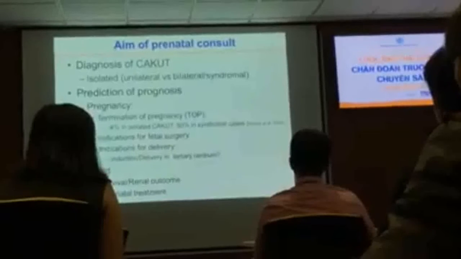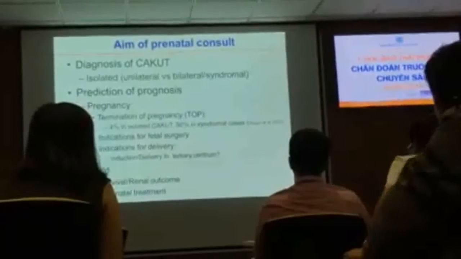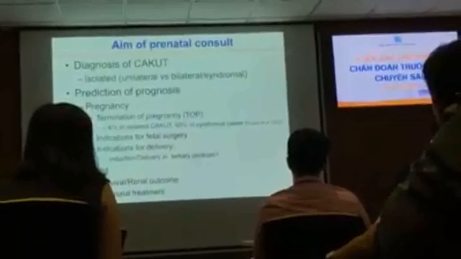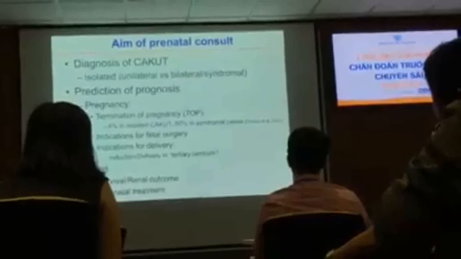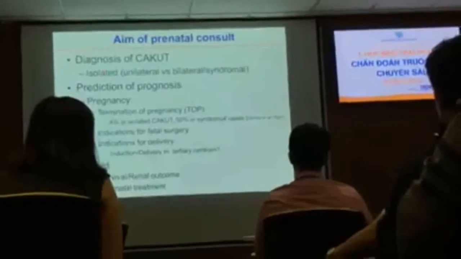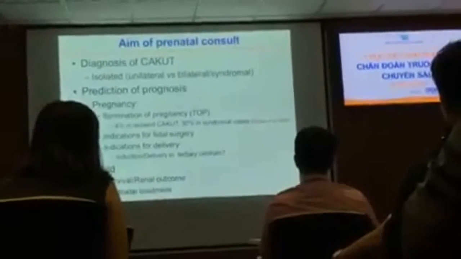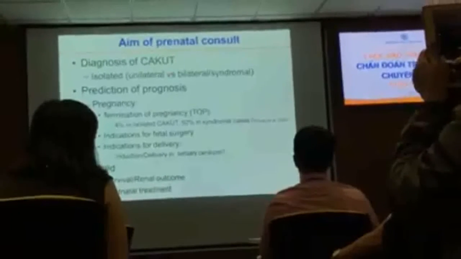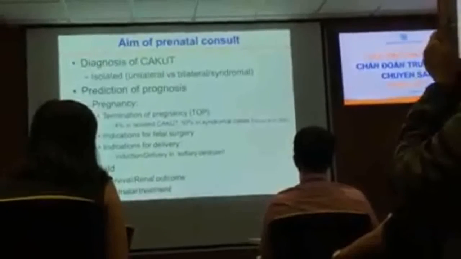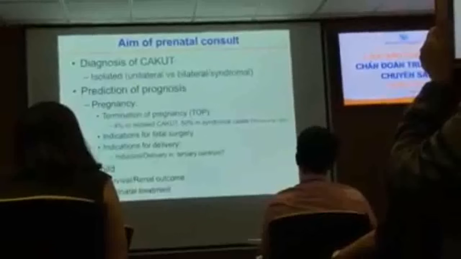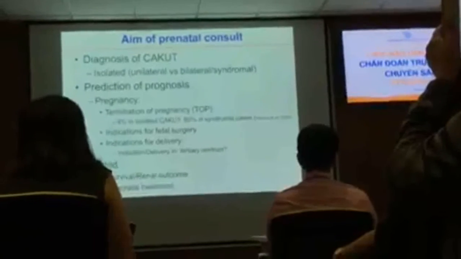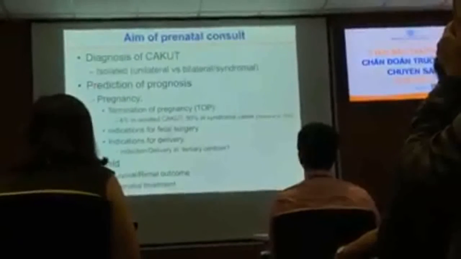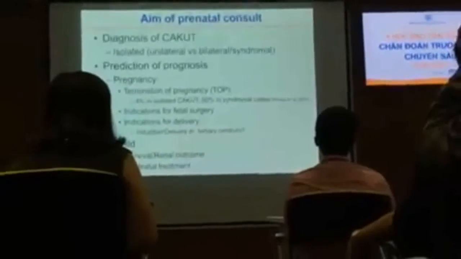The aim of prenatal consultation is the diagnosis of CAKUT. Whether it is isolated, unilateral or bilateral, or syndromic, it's all different. You have to see whether it is isolated or with other multiple anomalies, which is completely different. So we have to predict the prognosis.